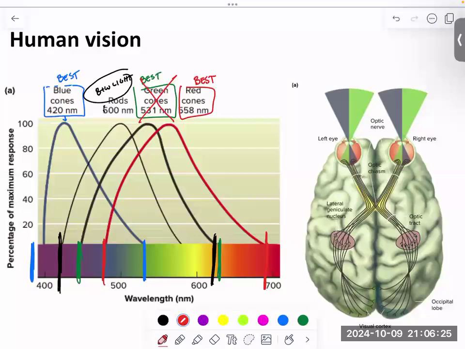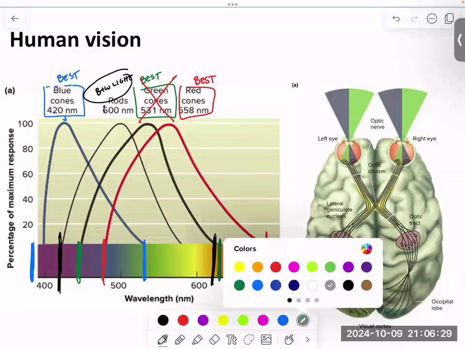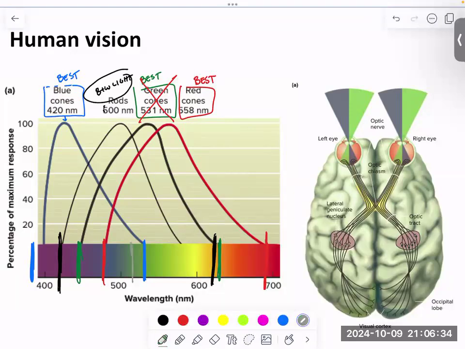Even though the blue cones and the red cones overlap in the green region, that person is going to detect everything in green and some yellows as gray because they do not have the green cones to best detect green light. So they're going to see the world very differently than someone who has all three types of cones.